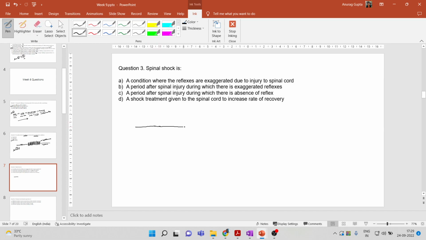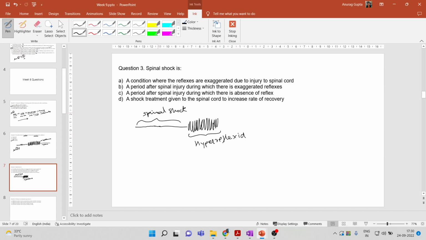Following this, the recovery period starts, and during this recovery period the reflexes are very heightened. So the period following spinal injury, when the reflexes are very less, is called spinal shock. And when the reflexes are heightened, it is called hyperreflexia.